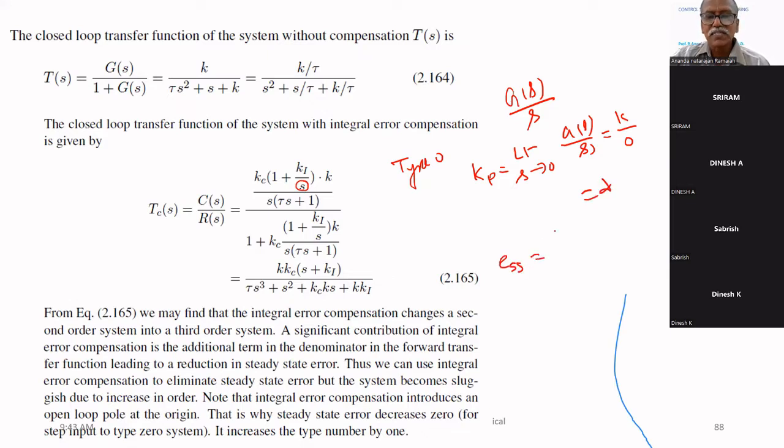Therefore, steady state error equals 1 upon 1 plus infinity, that is equal to 0. So, because of the introduction of this integrator in the forward path, steady state error will be removed.